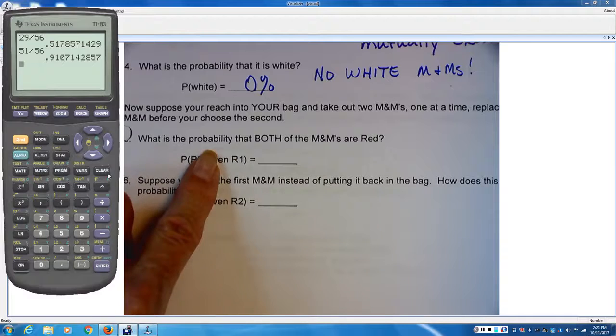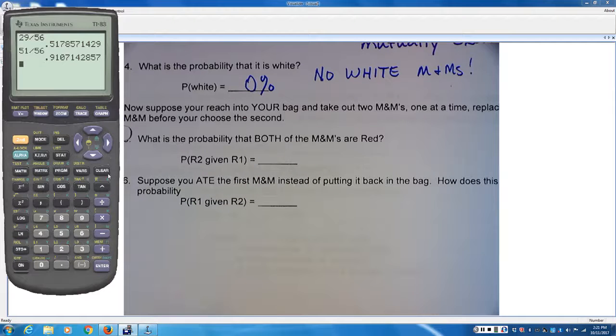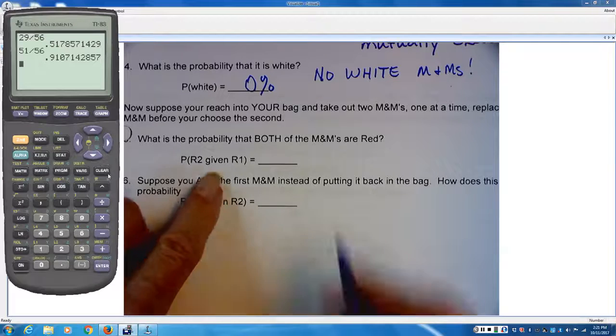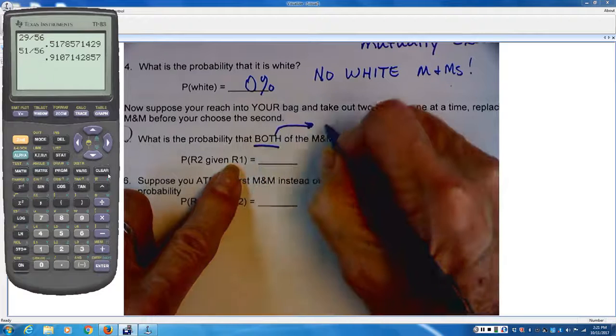So, what's the probability that both of the times I draw out an M&M in my bag, both of them are red? That means I've got to get a red one on the first draw, and then I've got to put it back, and then get a red one on the second draw as well. And if you remember, I told you that both implies the word and.